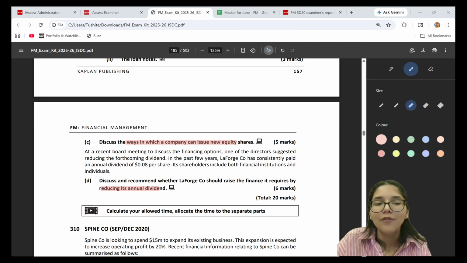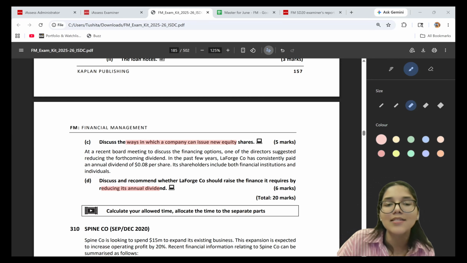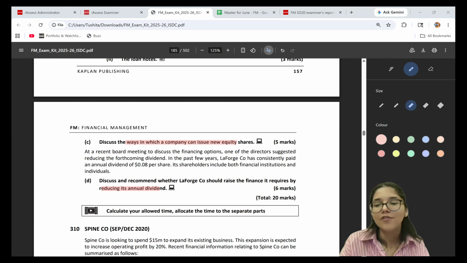Okay, now we talk about part D. At a recent board meeting to discuss the financing options, one of the directors suggested reducing the forthcoming dividend. In the past few years, Laforge company has consistently paid an annual dividend of $0.08 per share.